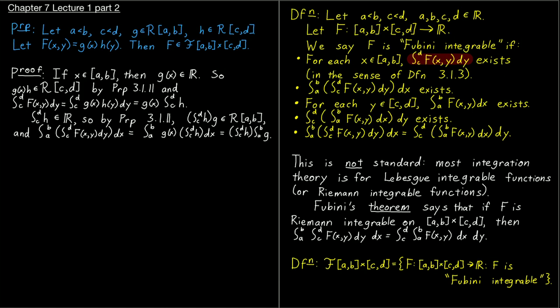Then we can make a similar argument, and I'm not going to drag you through it, to see that the iterated integral in the other order works, with all the pieces that need to work. And in this case, you end up pulling out the integral of g times the integral of h, but multiplication in the real numbers is commutative.